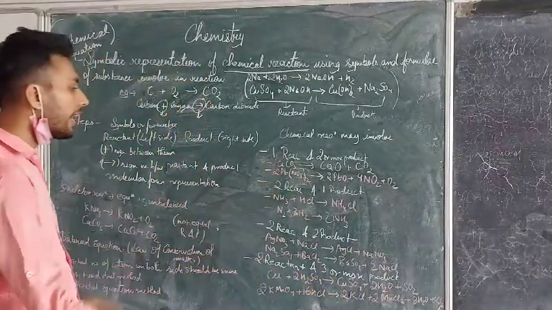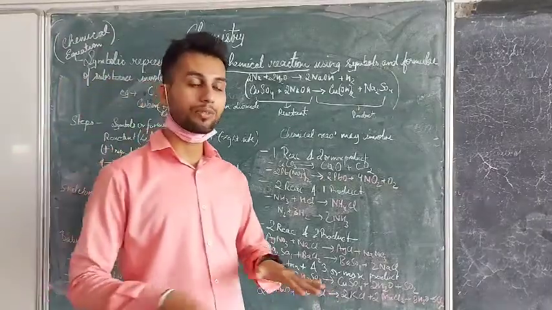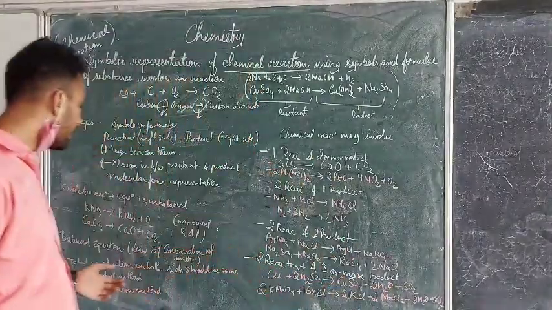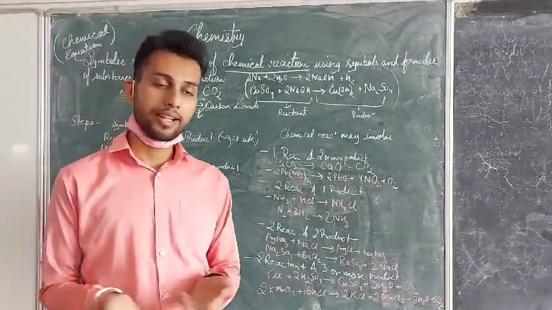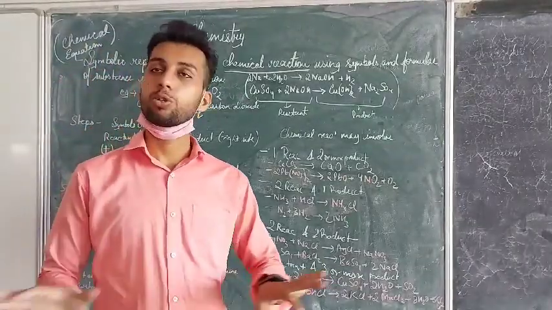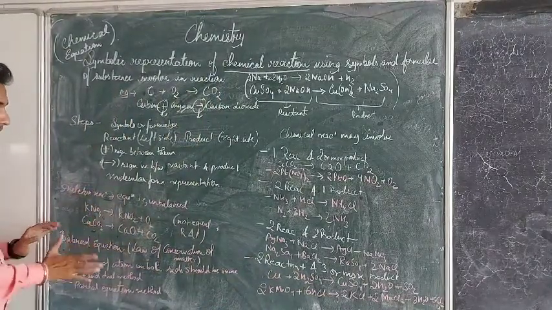These are the examples. And then further we studied the skeletal reaction, that is the equation which is not balanced, where an equal number of atoms is not present on the reactant side as well as the product side. For that, the law of conservation of matter states that energy is neither created nor destroyed, it can only be transformed. Here it is not balanced.